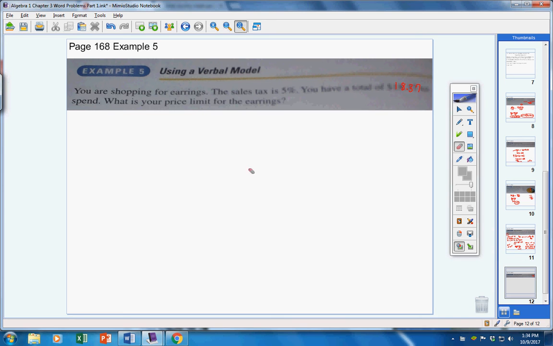Now students, think about this for a second. Let's see if we can't write a model that will help us. When you go to purchase anything in a store, we'll just say it's earrings. You take the earrings and you multiply them times the tax. Okay?